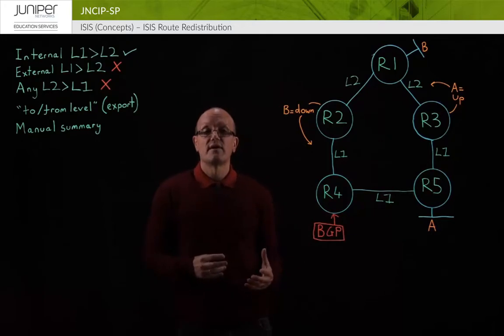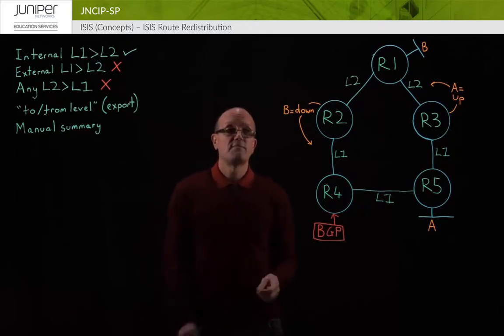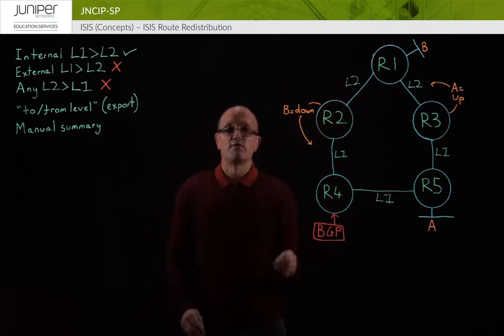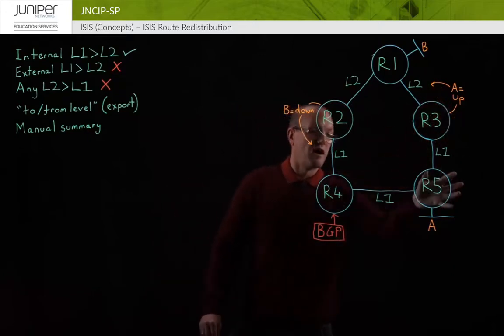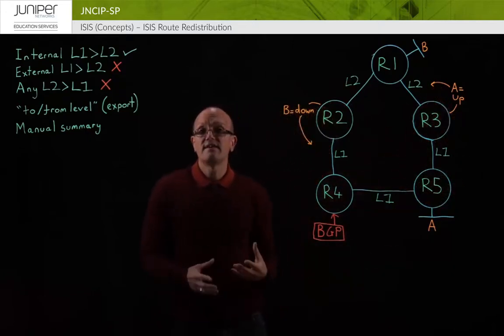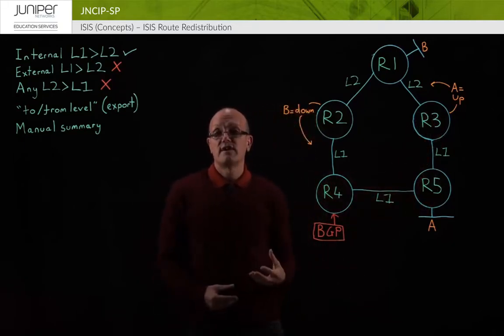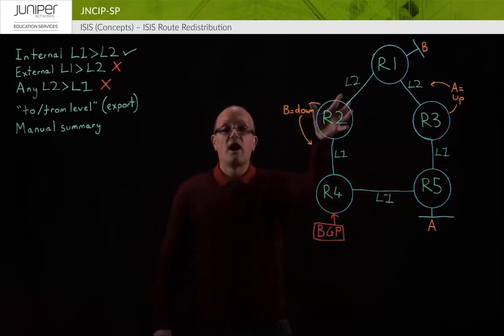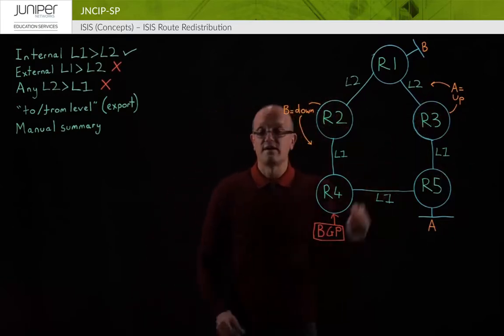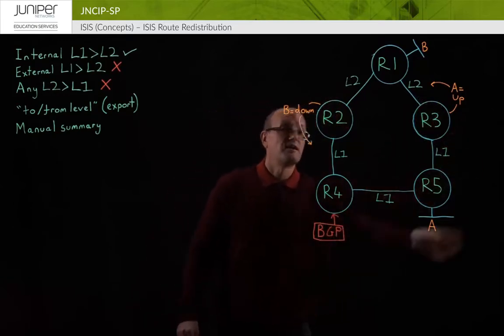So this route is now announced in a level 1 link state PDU from R2 to R4 and from R3 to R5. And these link state PDUs then propagate network wide. So eventually the route from R2 gets to R3 and vice versa. From R3 it gets to R2.